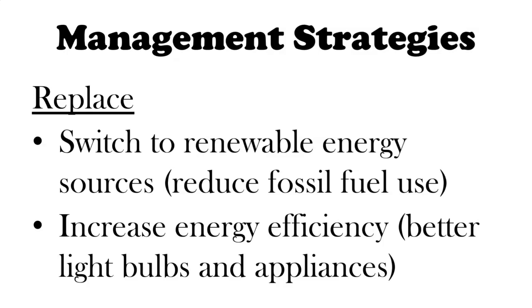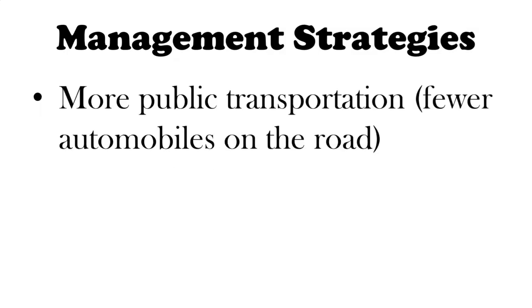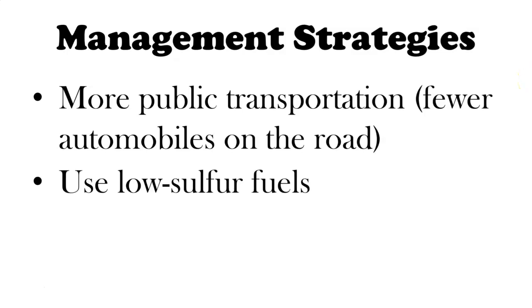So even if we still are relying on coal-fired power plants to produce the energy for those things, at least we're using less energy. We can attempt to utilize more methods of public transportation and thus rely on fewer automobiles on the road. We can use low sulfur fuels. For example, you can get ultra low sulfur diesel fuels and low sulfur coal.